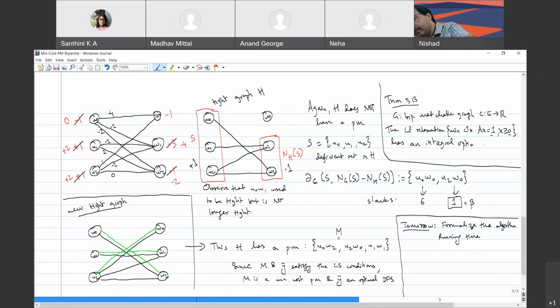In fact, not only integral, it is a 0,1 optimal solution. It corresponds to a perfect matching. So for any bipartite matchable graph, no matter what costs you give to the edges, so long as they are real numbers, this algorithm will terminate with a perfect matching, which will be an optimal solution for the primal LP relaxation of the ILP, right?